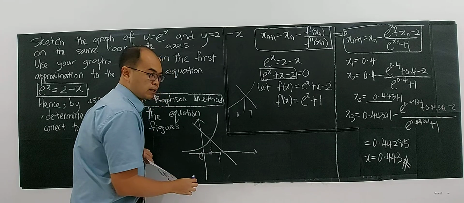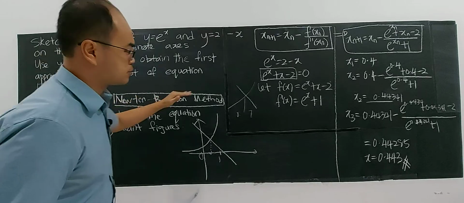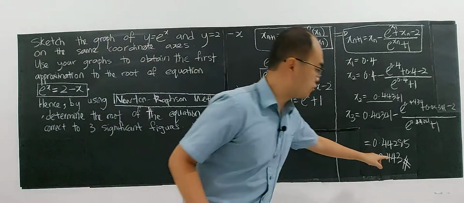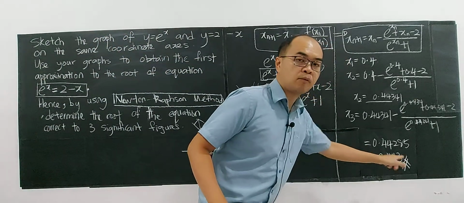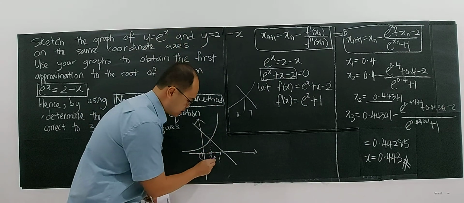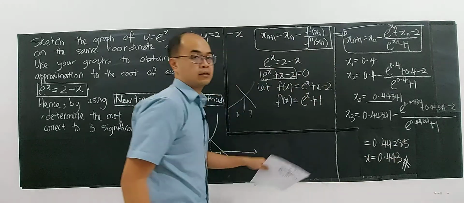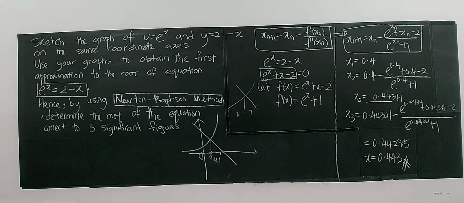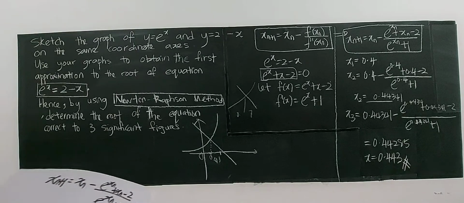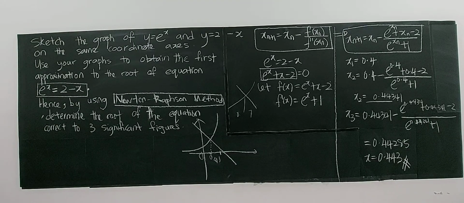But surprisingly, after applying the Newton-Raphson method, it is even more accurate, 0.443, which the human eye can't see. I can just see 0.4, but actually it's 0.443. So the accuracy is there. The root of this equation is 0.443 by applying the Newton-Raphson method.